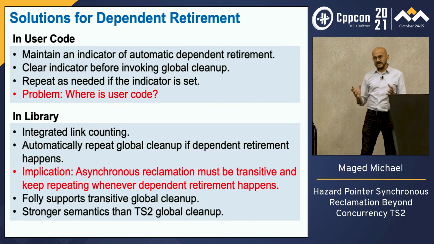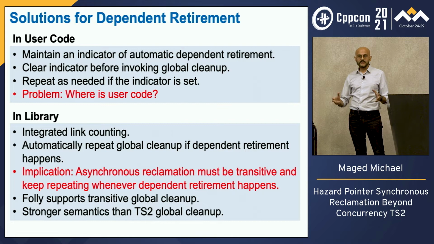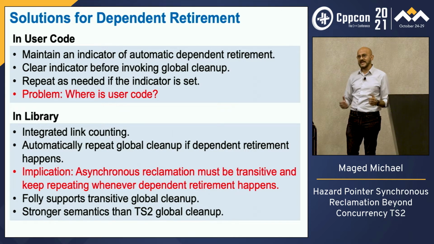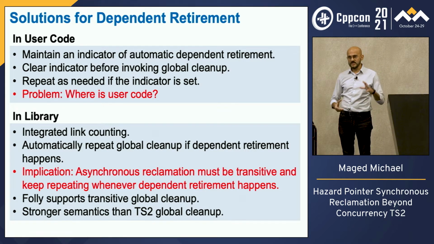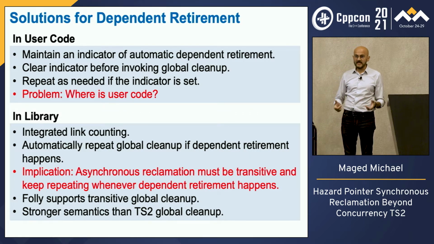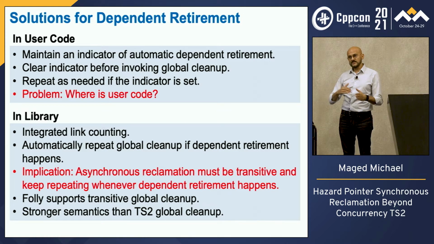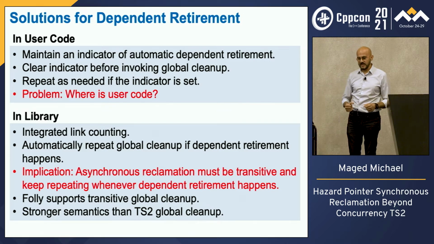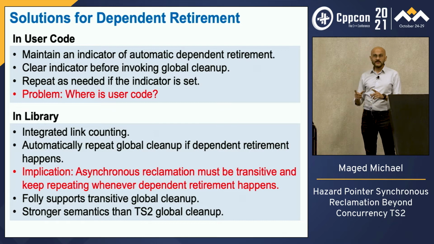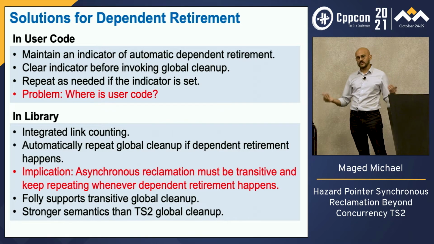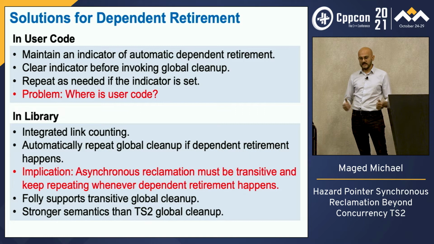I said asynchronous reclamation is quite expensive because we might have tens of thousands of hazard pointers, but we amortize that, so it's okay. But now we retire maybe just a handful more objects and have to go again and read the hazard pointers again, maybe multiple times as we go through a succession of links. That's a downside caused by wanting to support global cleanup.